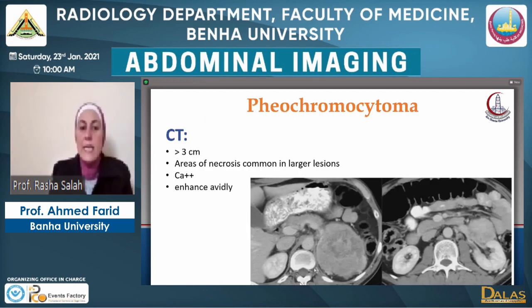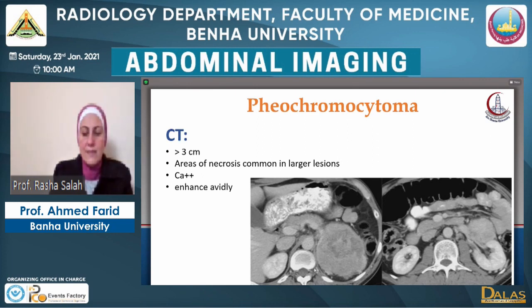The CT characteristic appearance of pheochromocytoma is a large lesion, more than 3 centimeters. It is usually heterogeneous, with areas of calcification and areas of hemorrhagic change, and the most important sign is significant enhancement and significant washout.